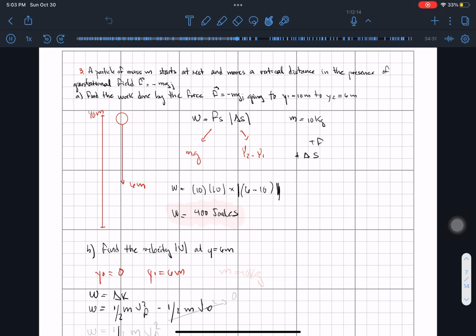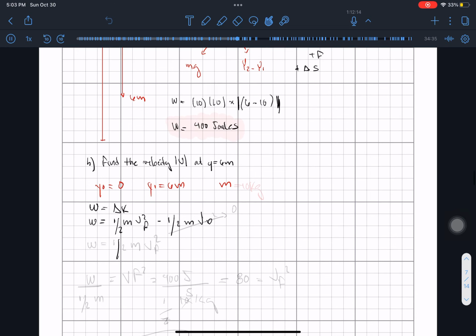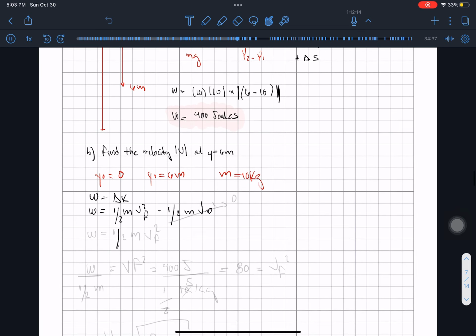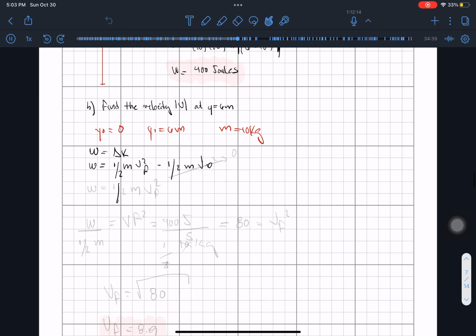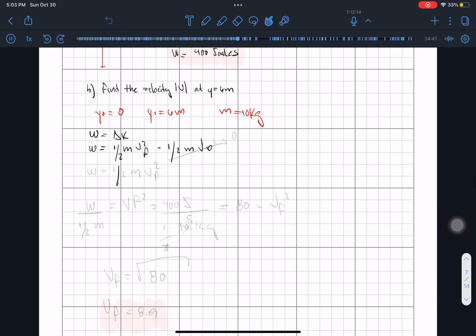And we said that the mass of the object was going to be 10 kilograms. So all we need to do is plug in the values into the equation. This side of the equation is going to cancel out because the initial velocity is 0. So it would be 1/2 times the mass times the final velocity squared.